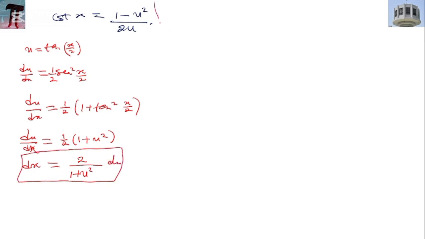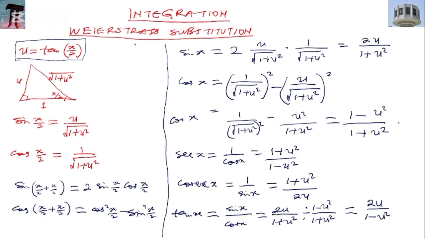Let me give an example for application. Suppose we are to evaluate the integral of 1 over (1 plus sine x) dx. So this is a very good application because the Weierstrass substitution method helps us to evaluate with ease rational functions that involve basic trigonometric functions. So we can apply our substitution here.